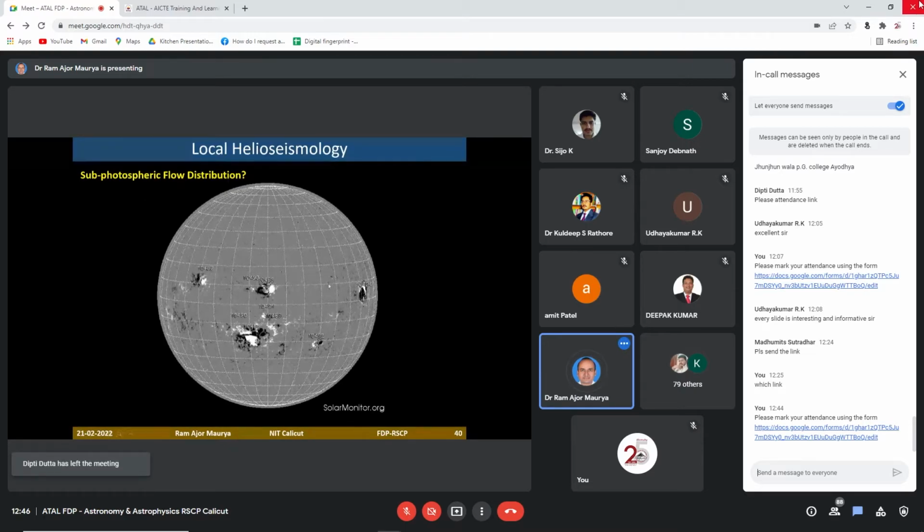What we are going to compute is the helicity, kinetic helicity. Kinetic helicity is defined as the volume integral of the scalar product of the velocity and vorticity.